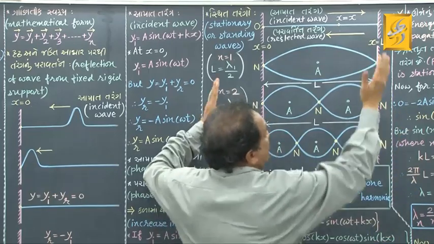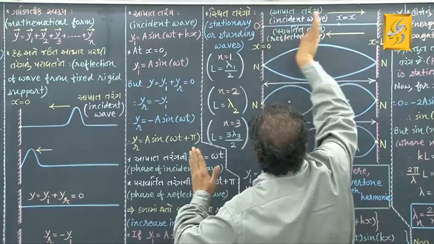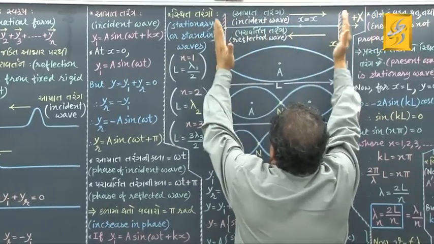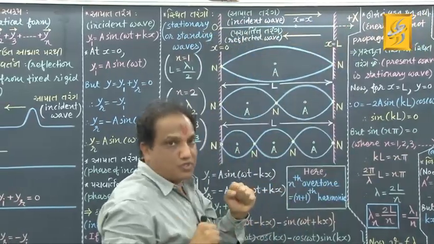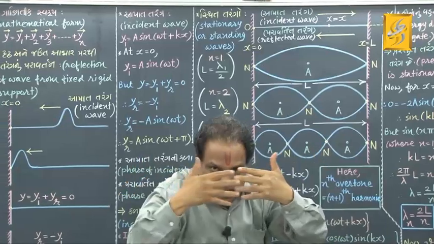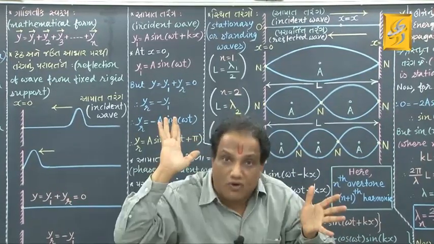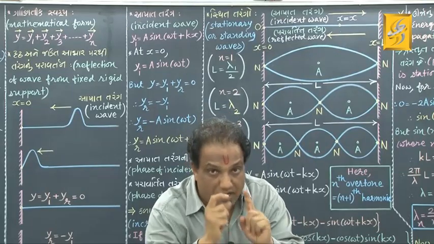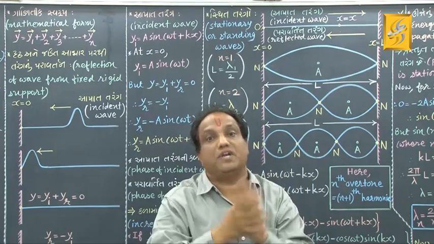Then the two waves, one reflected from this support and another reflected from this support, will propagate towards each other, and when they propagate towards each other, they will superpose and produce a resultant wave. And such resultant waves are found to produce some stationary patterns in the medium.